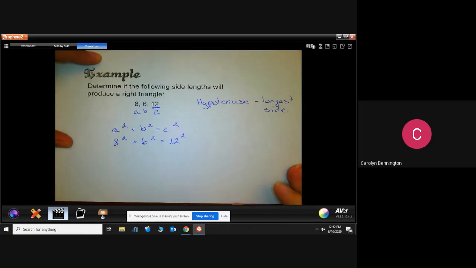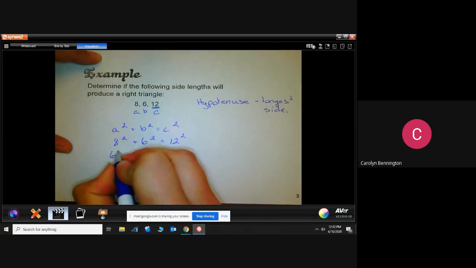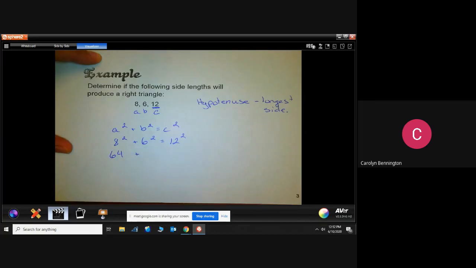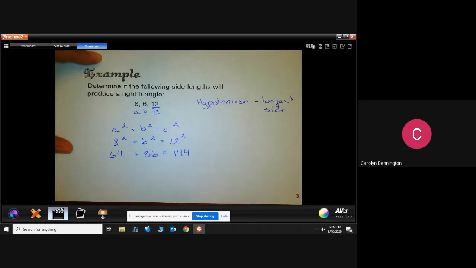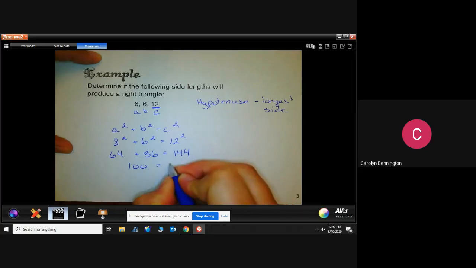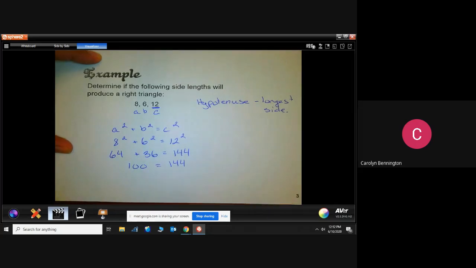Now we're going to square everything. So 8 squared is 64. 6 squared is 36, and 12 squared is 144. So now we're going to add together our 64 and our 36. When we do that, we get 100, and our other side just stays the same as 144.